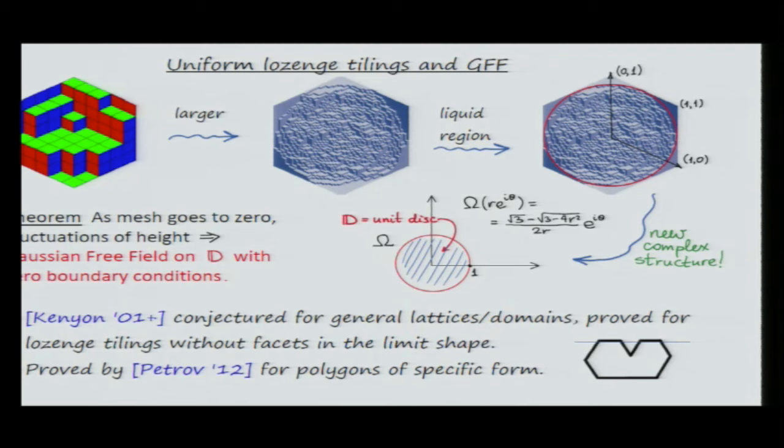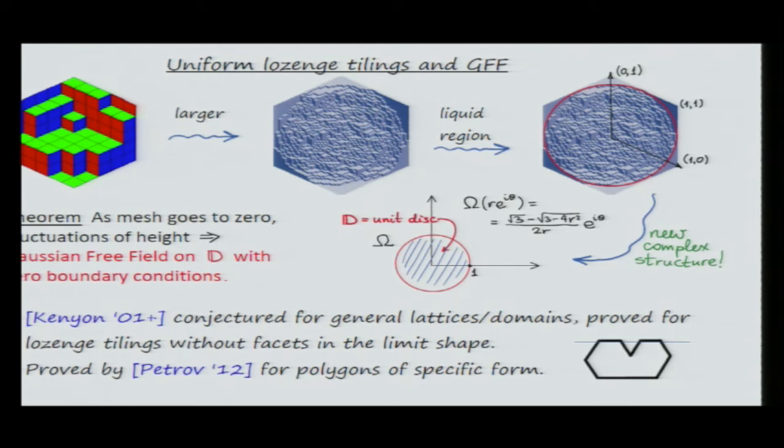So this phenomenon was first explained, not necessarily proved, but explained by Rick Kenyon, who showed how this should arise for general domains and general lattices. So this could be thought of as a dimer model on the hexagonal lattice, and one could do the same story, for example, for the square lattice, in which case one deals with domino tilings.